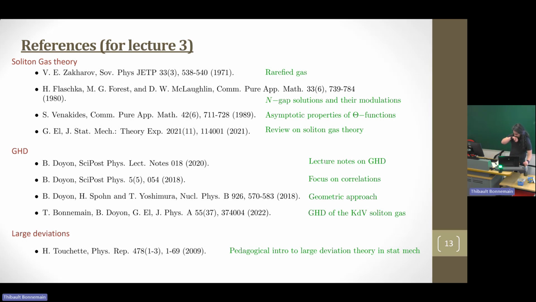Because basically the point of the rarefied gas is that solitons will only interact pairwise, and then you're sure that you can write it like that. But to say that even in the dense gas, where you have a pile of 10 solitons on top of each other, it's still two by two, it's not obvious. They found the soliton gas before the IST of NLS was even discovered.